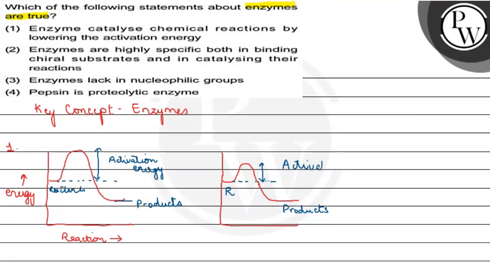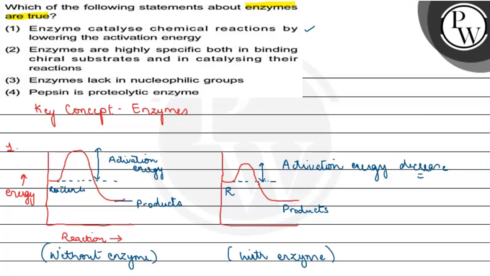Activation energy decreases. So this was without enzymes, whereas this reaction is taking place with enzyme. तो एंजाइम जो होते हैं वो कैटलाइज करते हैं रिएक्शन बाय लोअरिंग द एक्टिवेशन एनर्जी. सो दिस स्टेटमेंट इज करेक्ट.